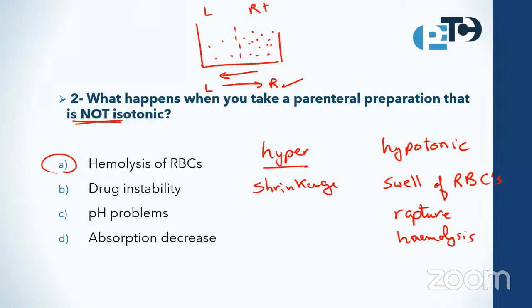My question here, can we inject hypertonic solution to the patient or not? Yes or no? Yes. If IV bolus, yes. If IV bolus or infusion also? Infusion also, okay. Yes, infusion. Why? Infusion can be injected in certain types of conditions.